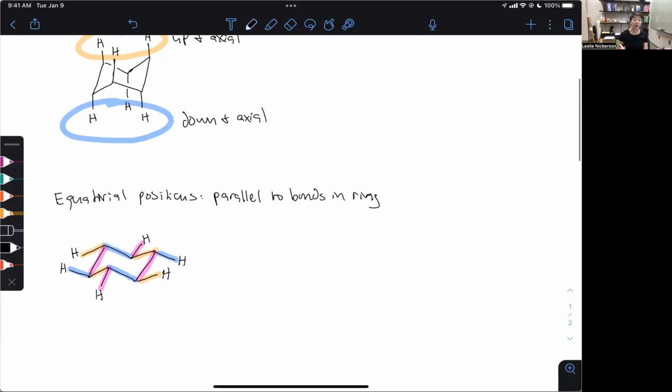For up and down, they each have an up and down as well. So this H is up. Actually, I'm just going to box. All the up ones are going to be in boxes here.